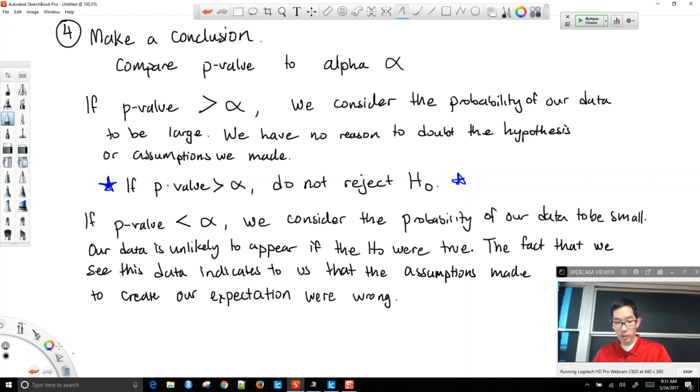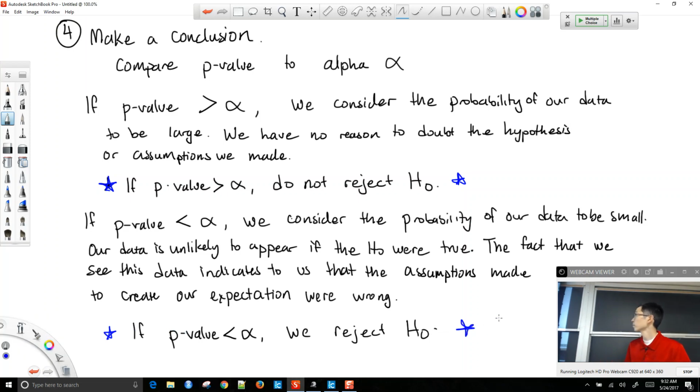Okay, and so the concluding thought here would be if the p-value is less than alpha, we reject the null hypothesis. So if the p-value is larger than alpha, we do not reject the null, and if the p-value is less than alpha, we do reject the null hypothesis.